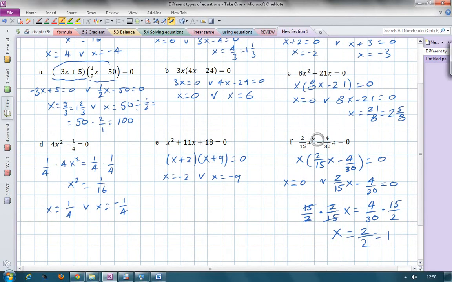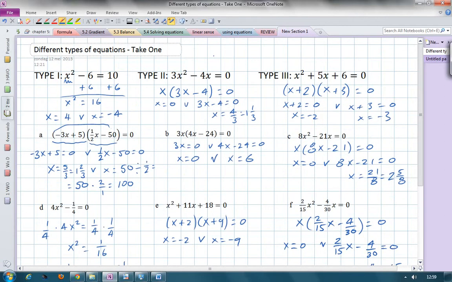When I put 1 into here, I will get 2/15 minus 4/30 is also 2/15, and that of course gives a difference of 0. So this is the correct solution. So that was an explanation of the different types of equations that we've seen up to now, and some examples on how to do them.